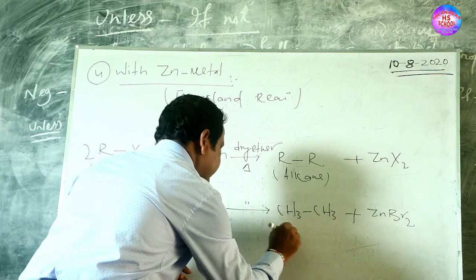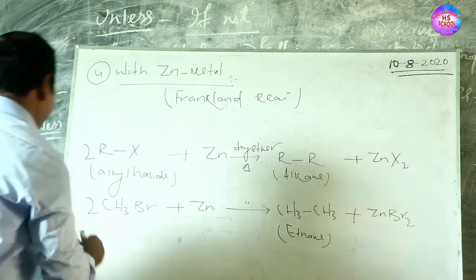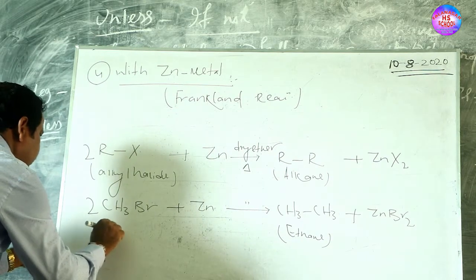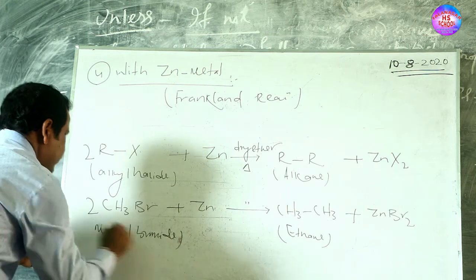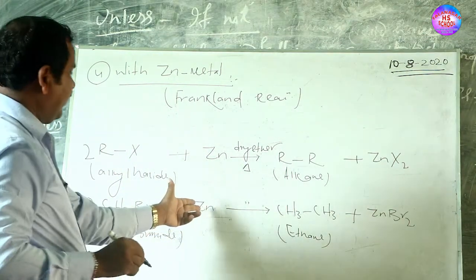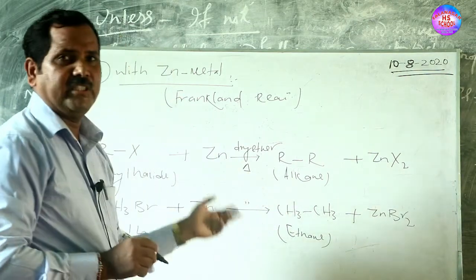It is called ethane. Methyl bromide is heated with zinc metal in presence of dry ether to produce ethane.